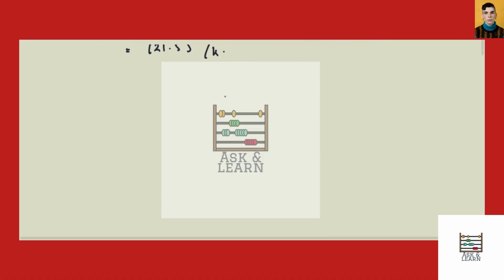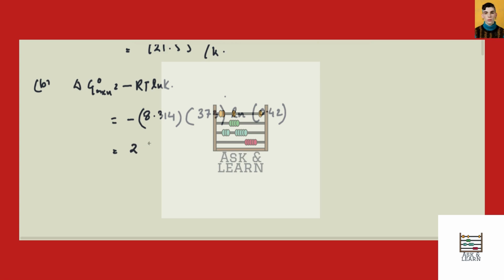Therefore, the value of delta S naught for the given reaction at 298 is 121.5 joules per Kelvin. Then the relation between delta G naught reaction and equilibrium constant is delta G naught reaction is equal to negative RT natural log of K. So substitute 373 Kelvin for T and putting the values here, R is 8.314 multiplied by temperature 373 and natural log of K. So the value is 2690.255 joules per mole, and converting it to kilojoules, it is 2.7 kilojoule per mole.